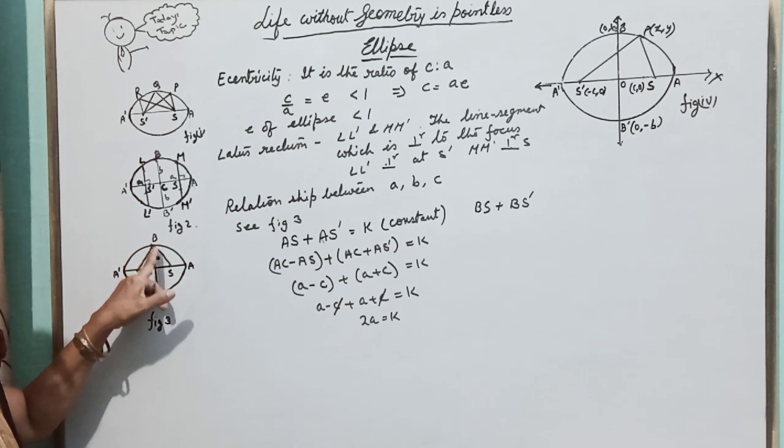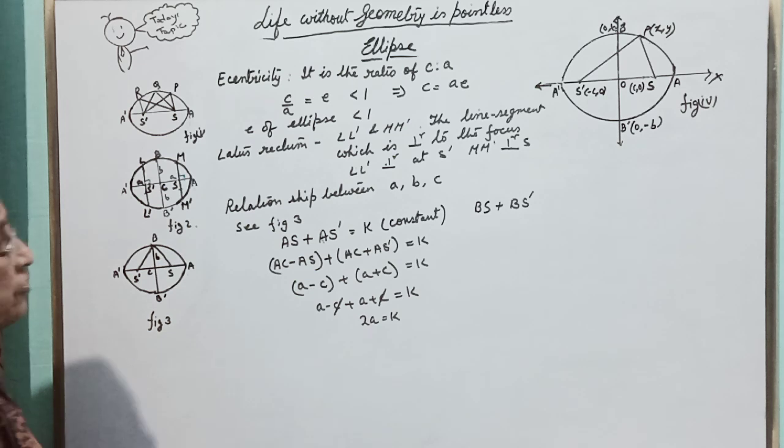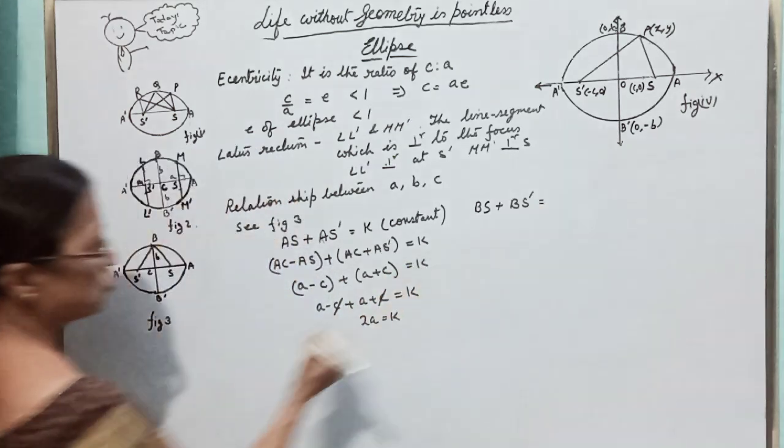B is a point on the ellipse. So by the definition of the ellipse, BS plus BS dash is also a constant.